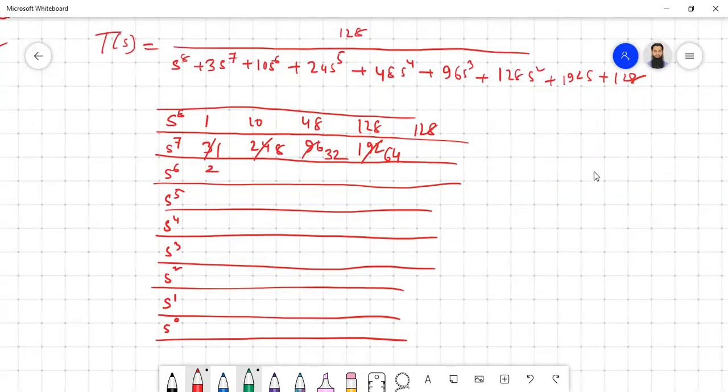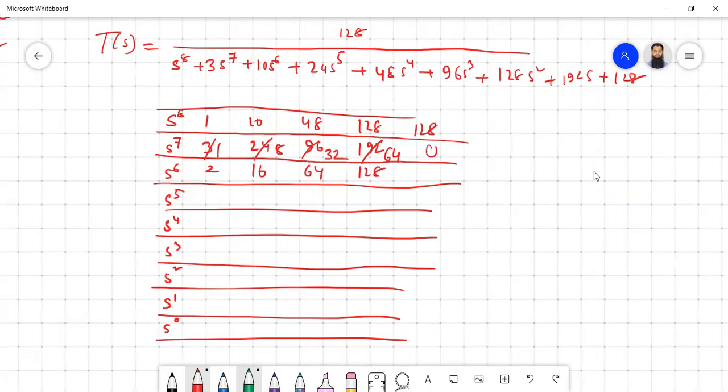Then 48 minus 32 is basically 16. Then we have 128 minus 64, that is 64. Okay, 0 is here, so 128 will be here.